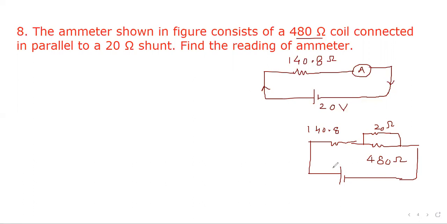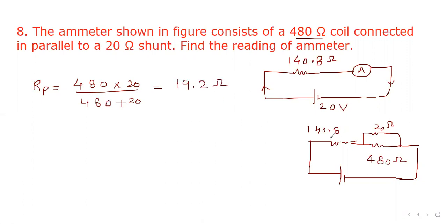So let's evaluate. The equivalent resistance for this, suppose this is RP. So RP will be 480 times 20 divided by 480 plus 20. So this will be equal to 19.2 ohm. Now, 19.2 ohm is in series with 140.8 ohm.